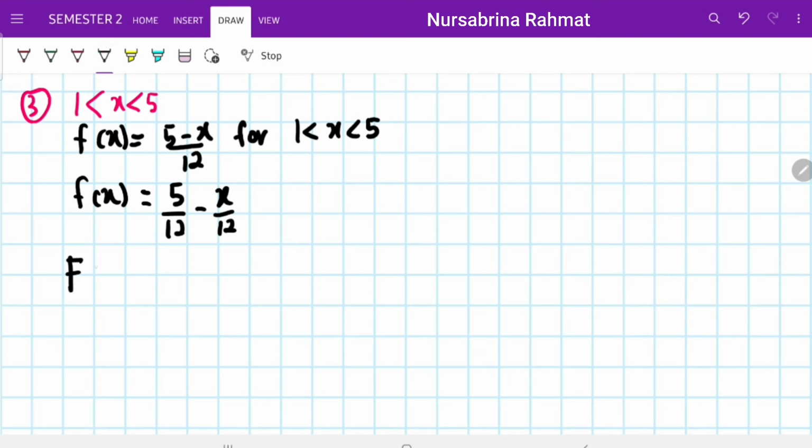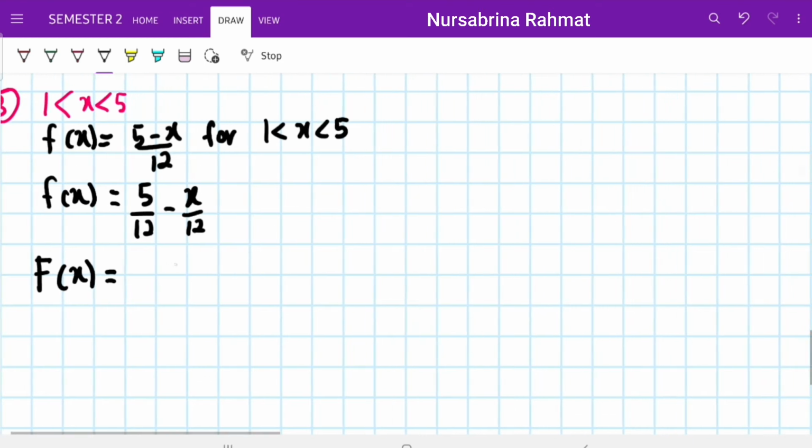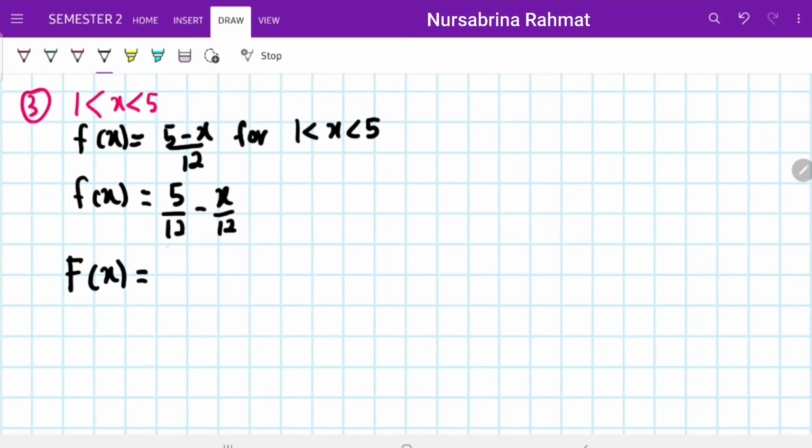So my big F(x) is equal to, I'm going to add on from the previous class interval, which is below 1, from 1 to 0, where the given probability density function previously is x squared dx, plus the new class interval, which has the function 5/12 - x/12.